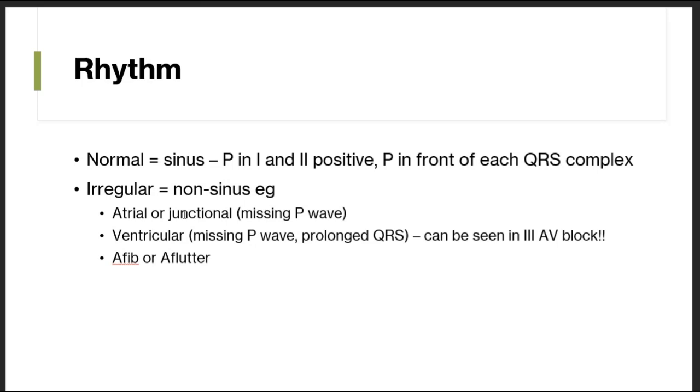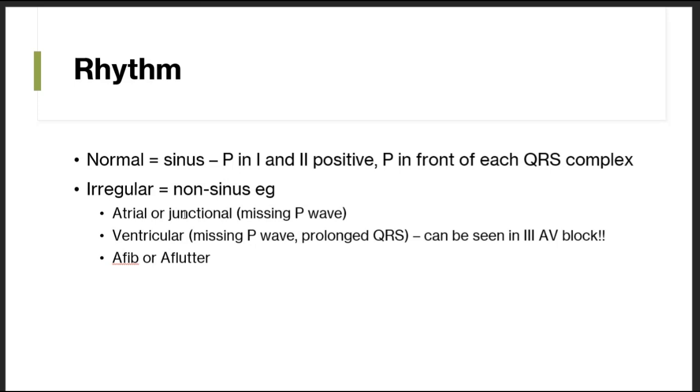And the ventricular rhythm, what they expect you to know is that it can be seen in a third degree AV block. To explain why it might be seen, it's because in a third degree AV block, nothing from the sinus node is being conducted to the ventricles. So essentially, the sinus node is having its own electrical activity, and the ventricles are having their own electrical activity.